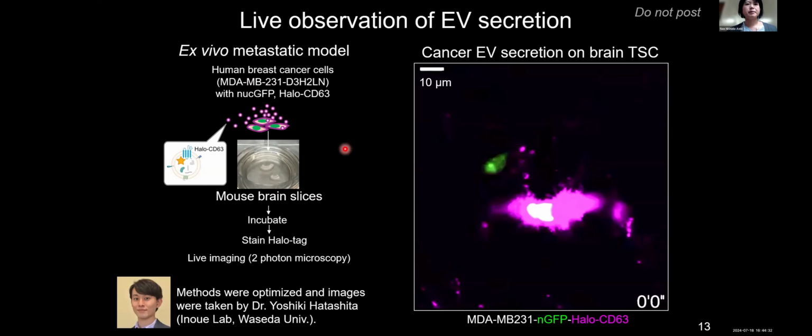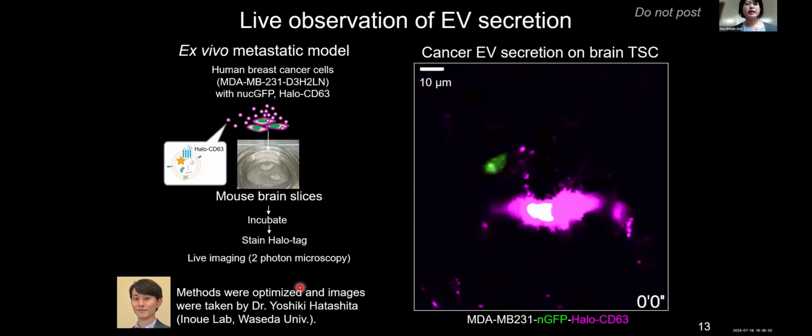And I have prepared the mouse brain slice here and supplemented these breast cancer cells sparsely onto this brain slice and cultured them. Then I was able to see these seeded cancer cells integrate and invade inside of this brain tissue slice.